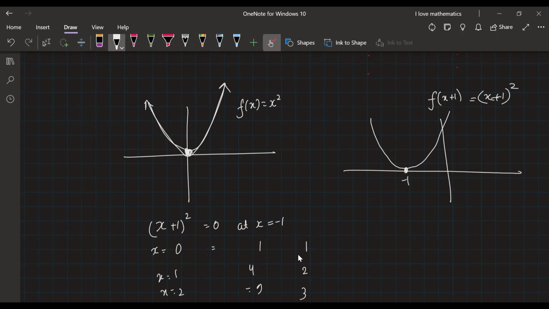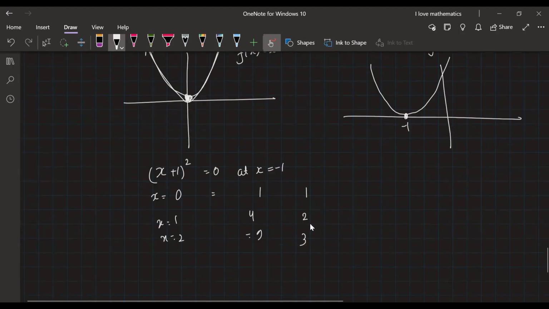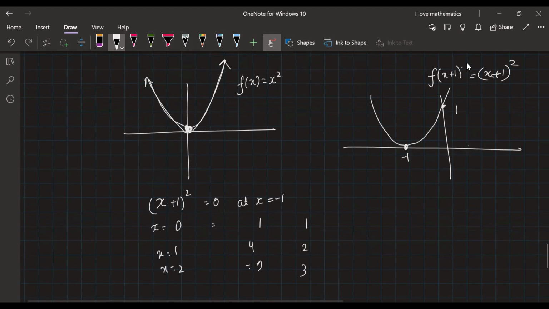But now it's not the same. The graph at 0 gives 1, at 2 gives 9. Usually the graph at 0 gives 0, 1 gives 1, 2 gives 4. But it's not the same thing right now.